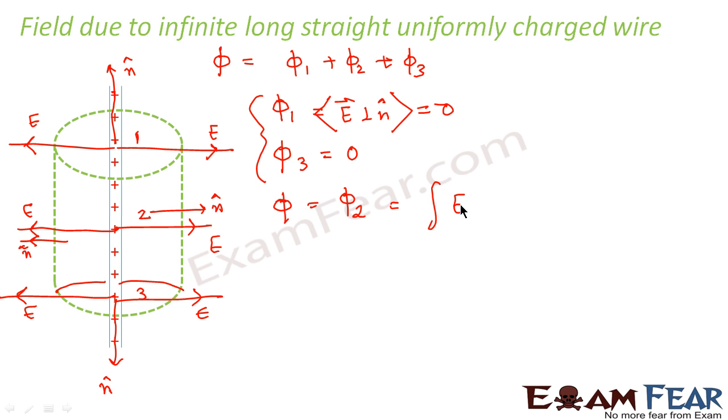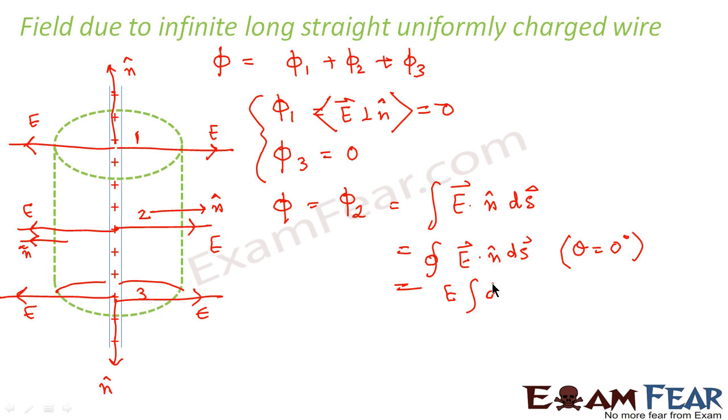So this will be equal to integration of E dot dS. So this will be equal to E dot n cap dS, that is integration of E dot n cap over the closed surface into dS. Now the angle in this case, that is theta, is equal to 0 because n cap and E are in the same direction.